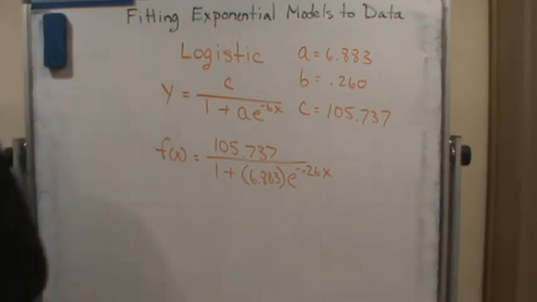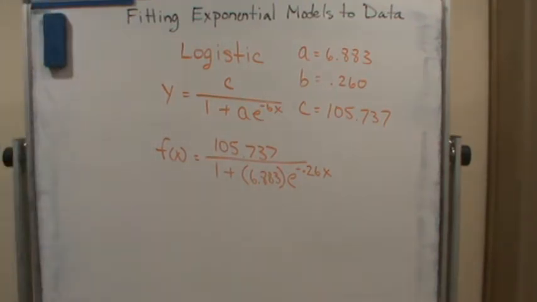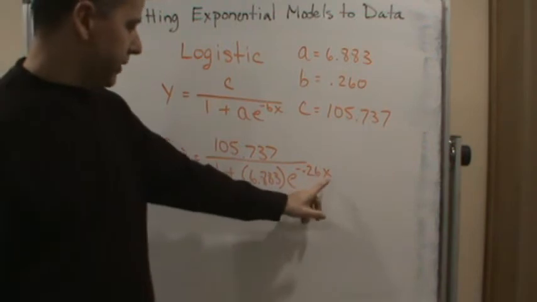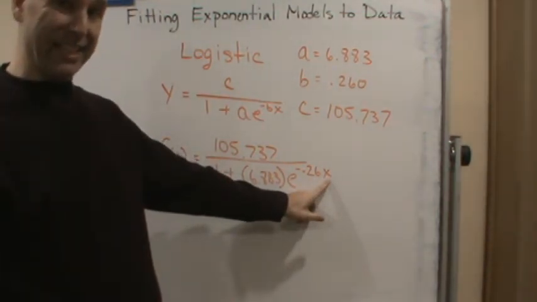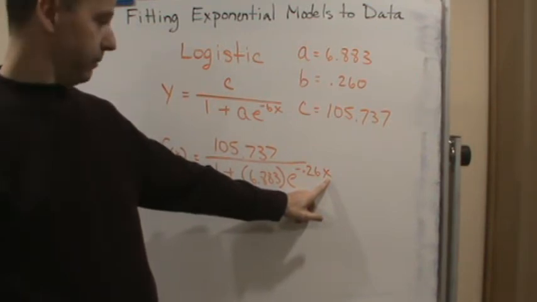Now let's look at what they ask. The first thing is: use the model to calculate the percentage of Americans with cell phone service in the year 2013, rounded to the nearest 0.1%. So now all I have to do is plug in 18, because 2013 would be 18 years since 1995.